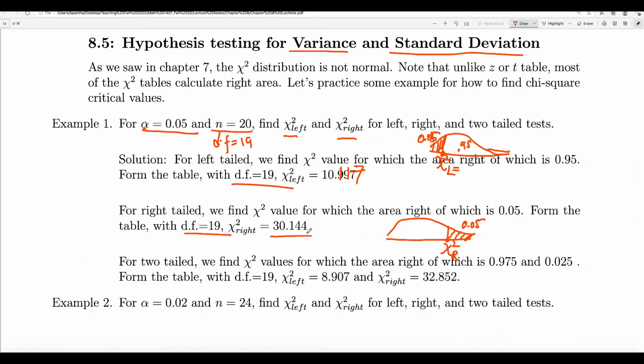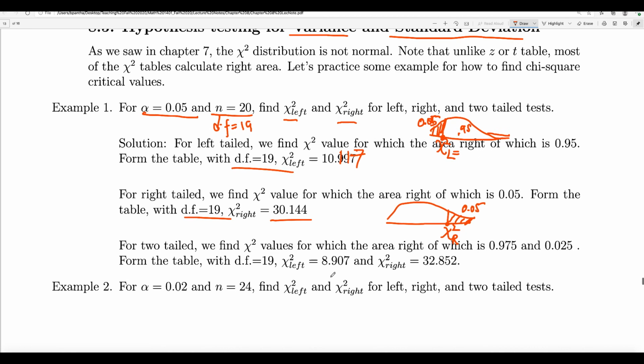Chi-square right is 30.144. And finally, for the two-tail test, we find the chi-square values. What we do is we draw the curve like this, with the longer tail on the right side. So alpha half, because this is two-tail, so you need to shade on both the left tail and the right tail.